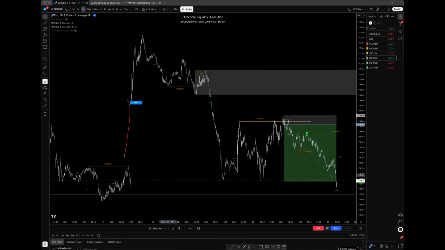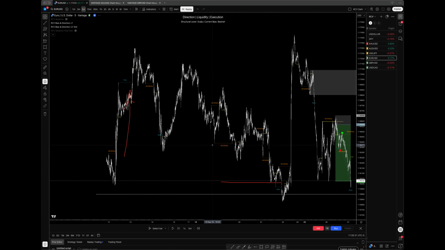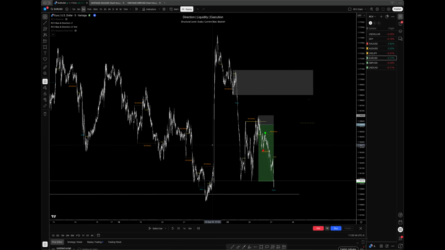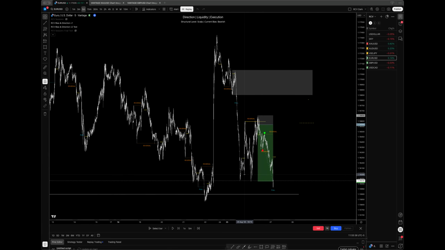Yeah, this one, and I feel like this is too much of a discount to look for sells that go this deep, in my opinion. I thought the opposite. I think this was too deep for me to look for buys, because of this high momentum here.